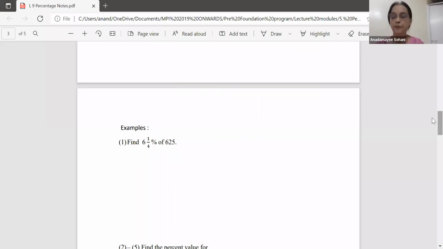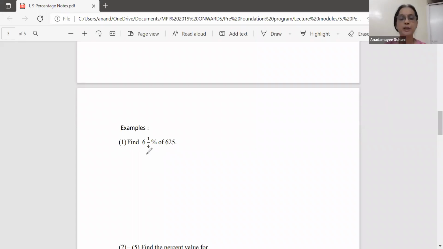Find 6 and 1/4% of 625. Now see, here we are compiling our understanding of mixed fractions, percent, equivalent fractions, everything.